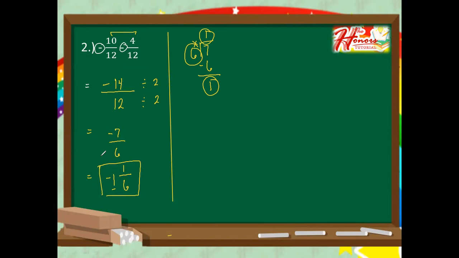And another reminder for you, let's go back to this part. Please notice the signs. We have here negative and negative. If you have negative and negative, please add the numerators. Do not subtract them. We are applying the laws of signs here.